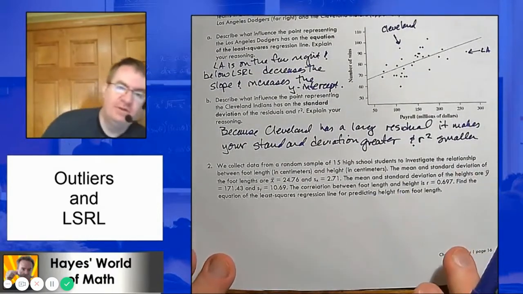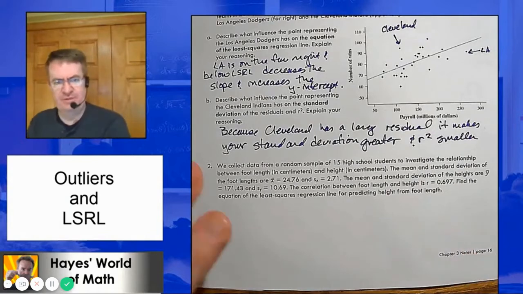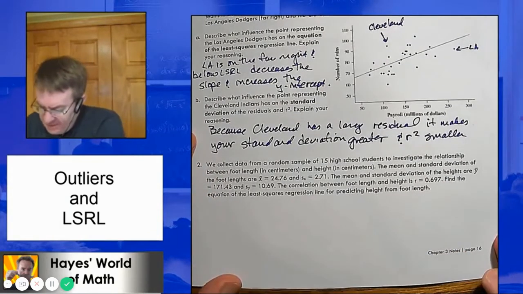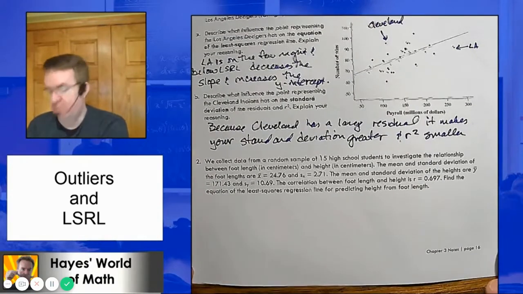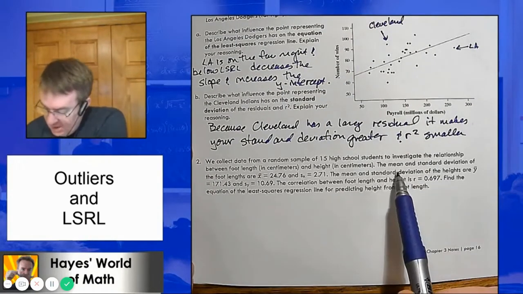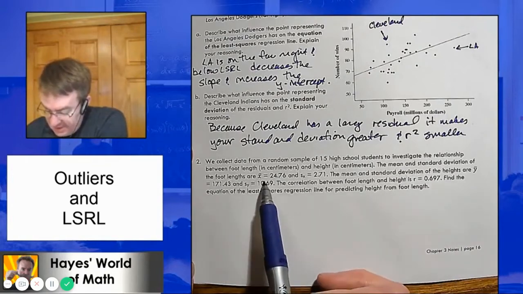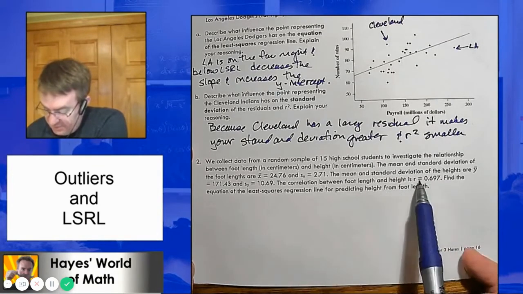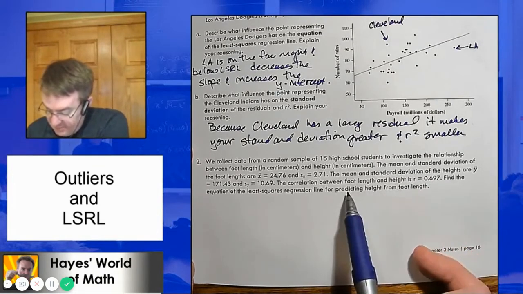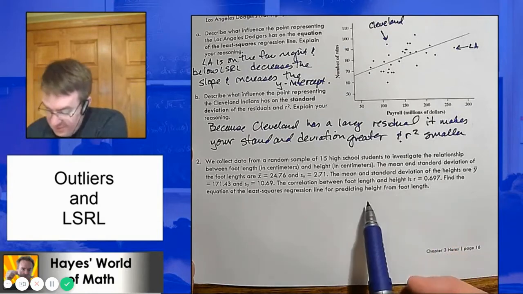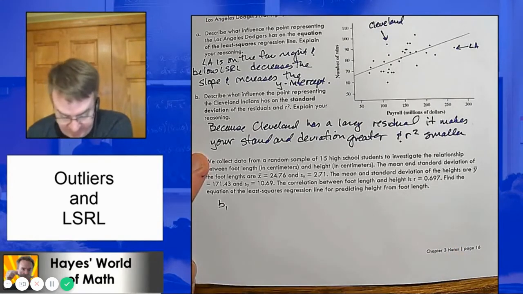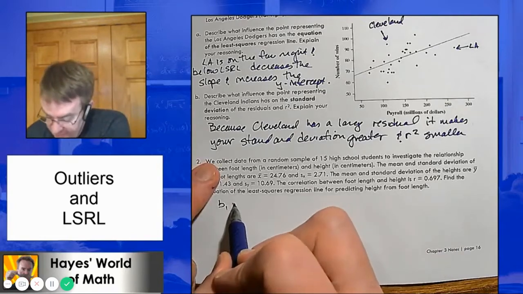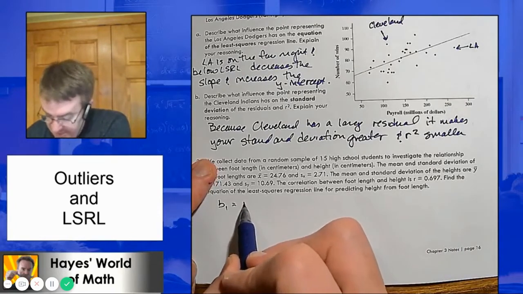All right, so now here's an example of how you can use some of your equations. I give you 15 random high school students. We're checking out the relationship between their height and the length of their foot. So the question is, what is the average and what does it mean?